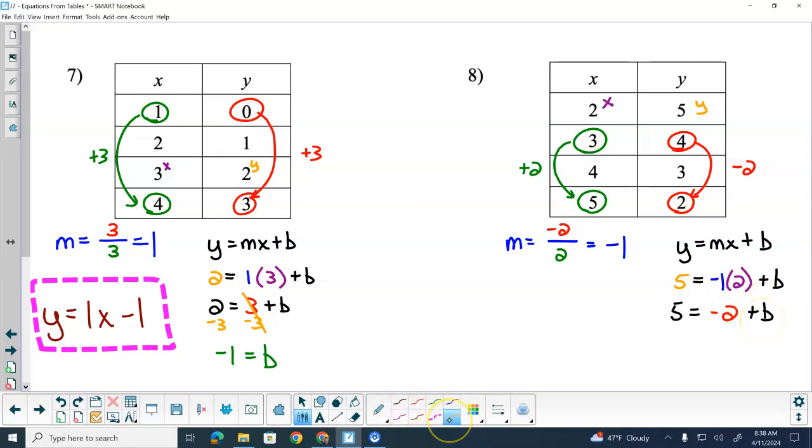I'm going to add 2 to both sides. Cancel out that. That gives me 7 equals b. So my y equals mx plus b is y equals negative 1x plus 7.